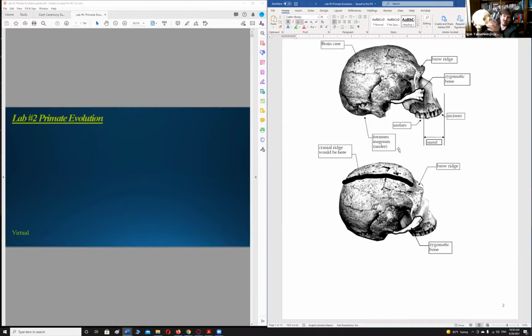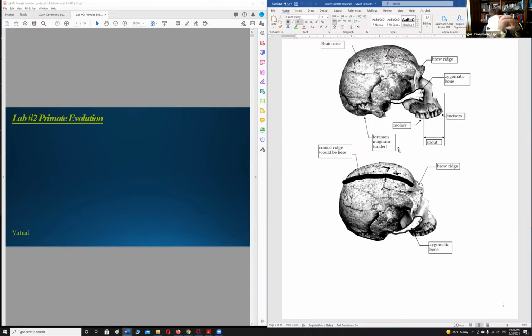Then there is also something known as a snout. One second, please. In comparison, here we go, I have another skull.